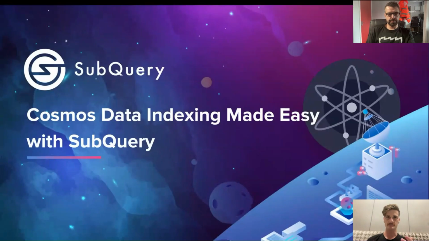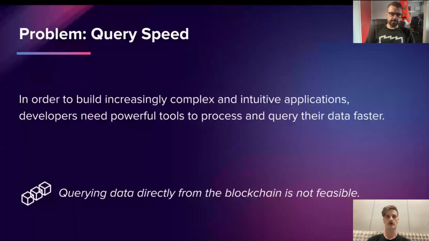Let me skip to the problem that SubQuery solves, and that is query speed. When you're building a complex application on a decentralized protocol like a blockchain such as Juno, you need access to large amounts of data. The key problem with blockchains is that the way consensus works is a masterpiece, but the way it provides access to query that data has a lot to be gained from it.